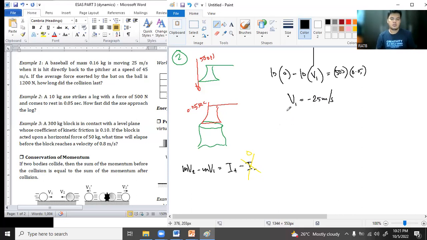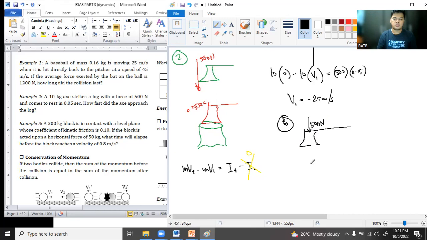So if we use the concept of the reverse effective force, alternate solution B, that is if we allow the axe to be stationary. The applied force is 500 Newton.